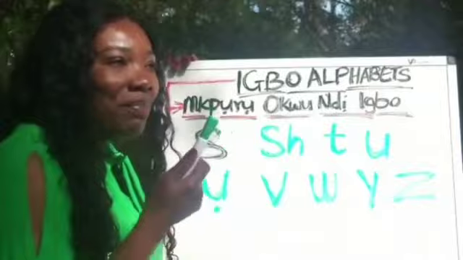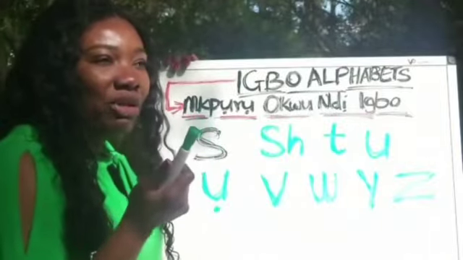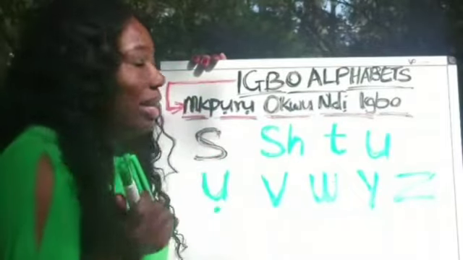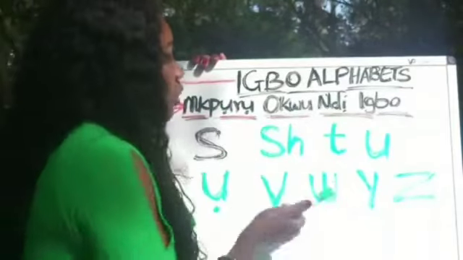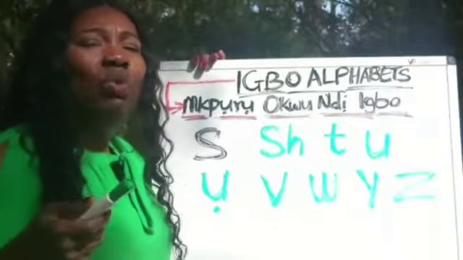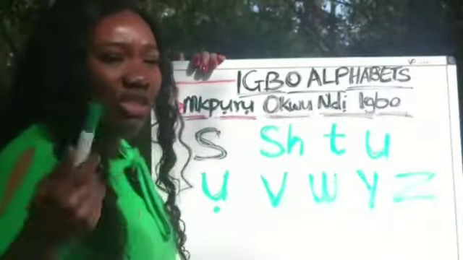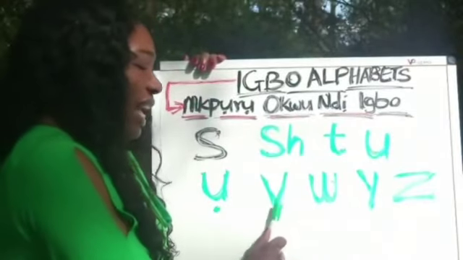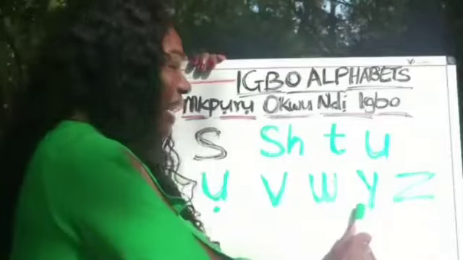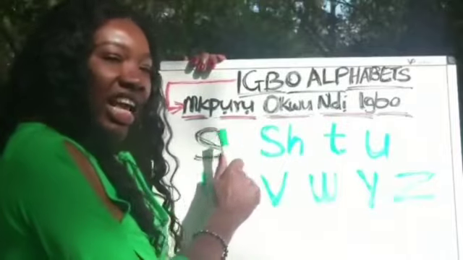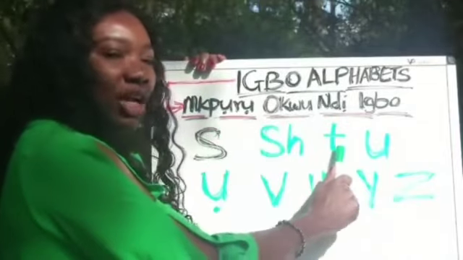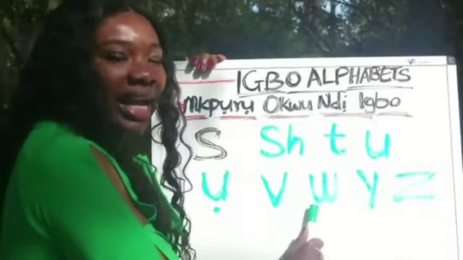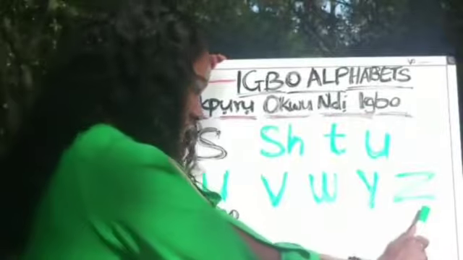It's the same thing, but in the Igbo language some dialects call it oseregene, some will call it osheregene, meaning what did he or she say? So te, u, o, v, we, ye, ze. Se, she, te, u, o, v, we, ye, ze.